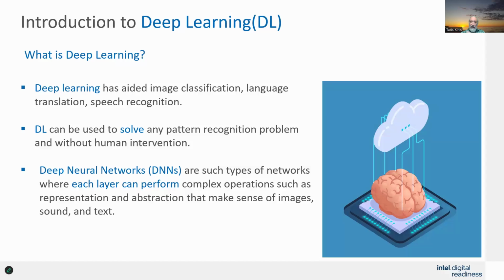Deep learning has been used in image classification, language translation, speech recognition. Those are big uses. And it can be used to solve any pattern recognition problem without human intervention. So I think that's really pretty intense to think about, right?